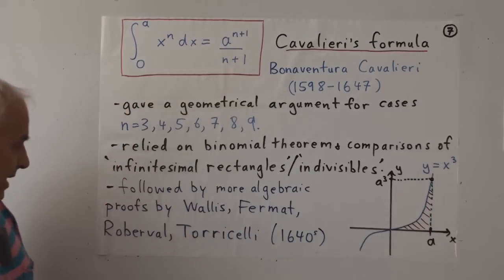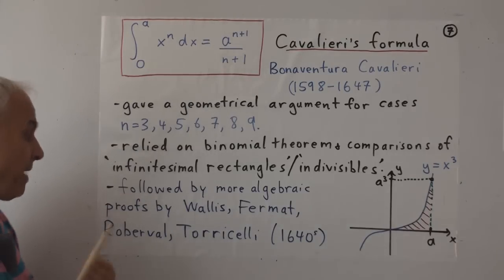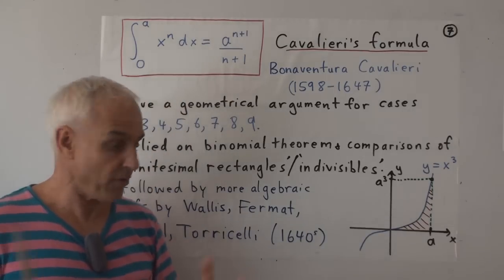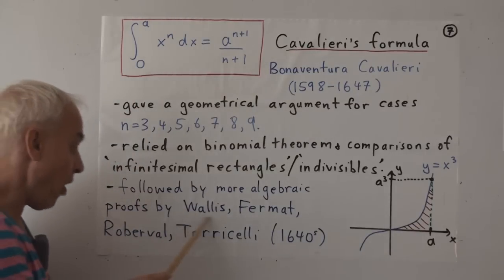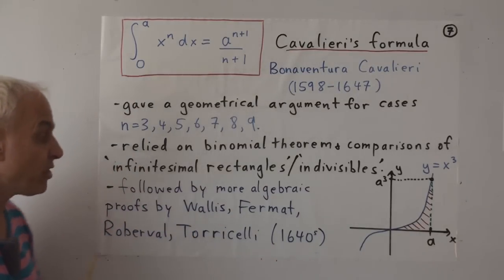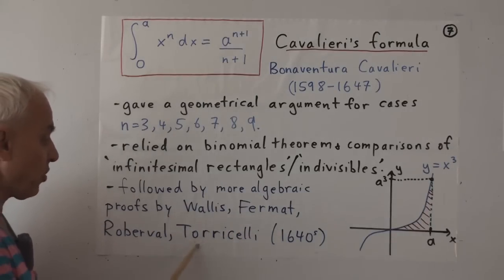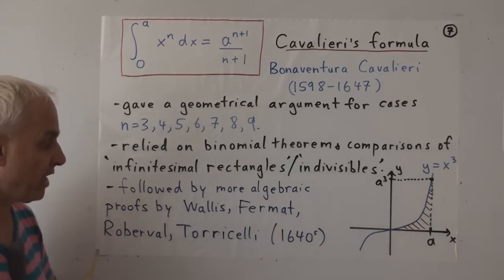Okay. His work was followed by more algebraic treatments. So many prominent mathematicians recognized the importance of this formula, of course. And notably Wallis, very important British mathematician, Fermat, Roberval, Torricelli, who was a student of Cavalieri.